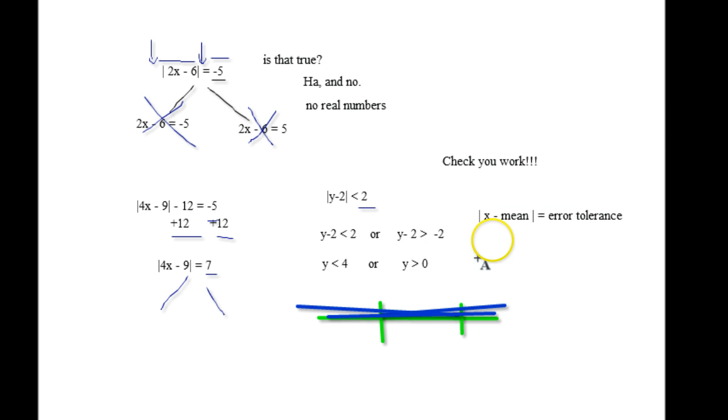As long as you have it set up like this, you should be totally cool. Now this error tolerance is going to turn into a plus or minus. Then when I add the mean to either the positive or the negative, I'm going to get both the highest number my production line can have and the lowest number my production line can have. But if you set up the formula like this, it should make your job a lot easier.